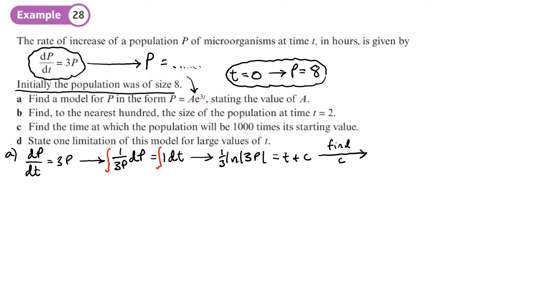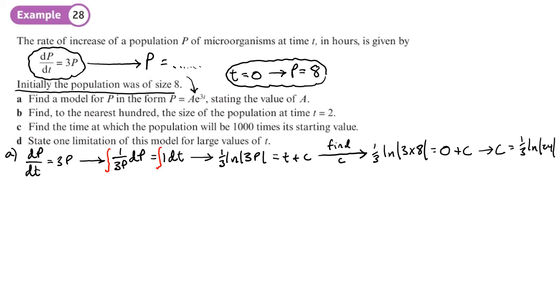We're told that initially the population is 8, so let's put those in. So 1/3 log 3 times 8, that's going to equal initially 0 plus c. Okay, so that's nice and easy. c equals 1/3 log 24.